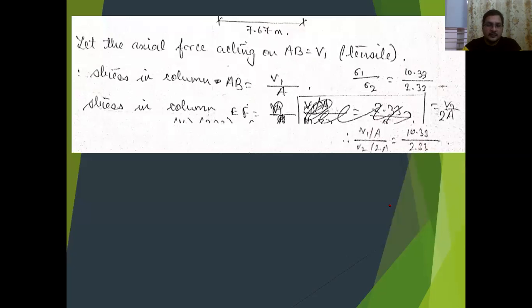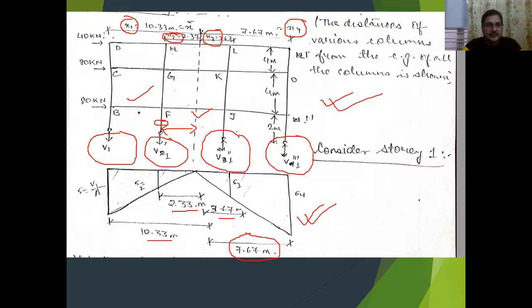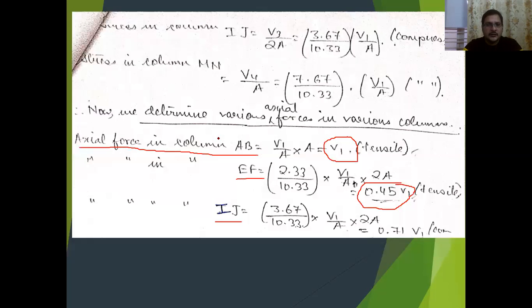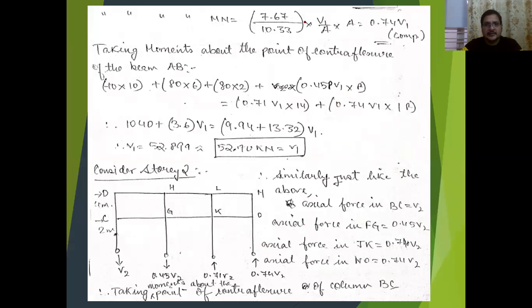If you check the frame, this is AB, this is EF, and so on. Even for IJ, the third column, it comes to 0.71 V1. And lastly, for the fourth column, I am getting a proportionality of 0.74 V1.